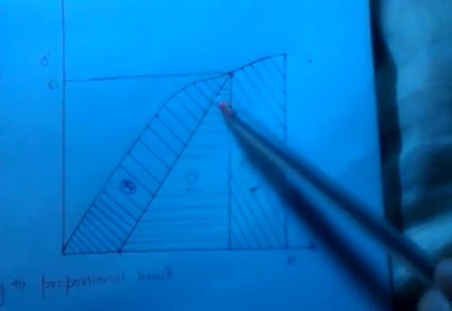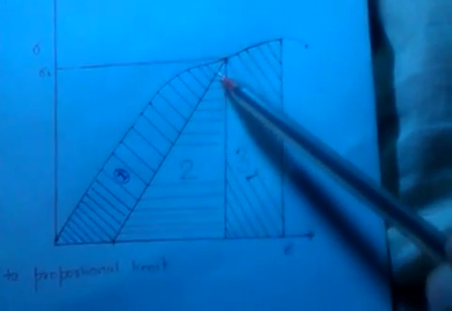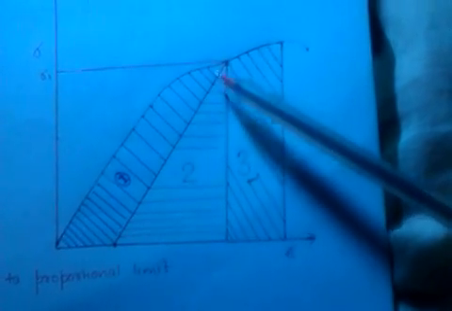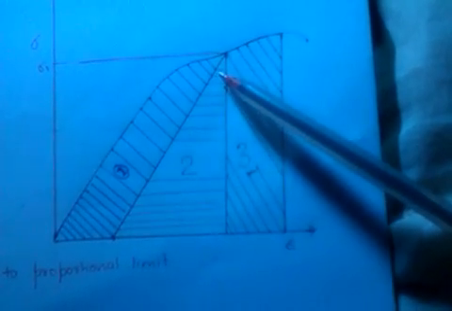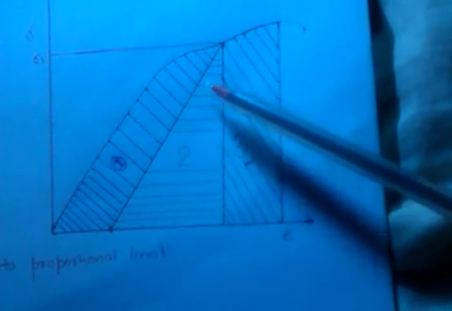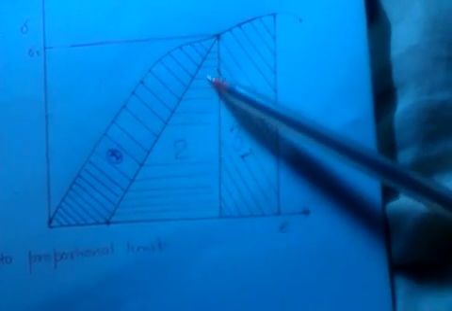Only this particular triangle has been regained from this whole area. We have been able to get back only the energy stored in this region, because only this deformation has been regained into its original shape, but we are left with this amount of deformation.